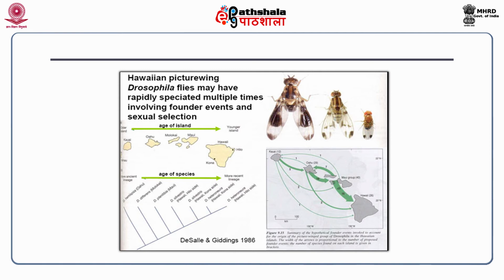So colonization and recolonization in Hawaii has produced an immense variety of this particular Drosophila species. If you draw the Drosophila phylogram and the age of the islands, they are perfectly corroborating with each other. So the harmony is quite drastic.